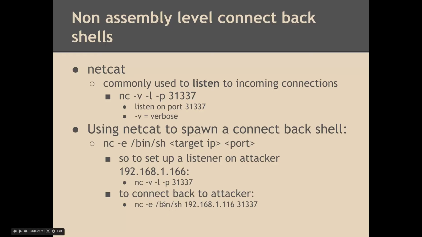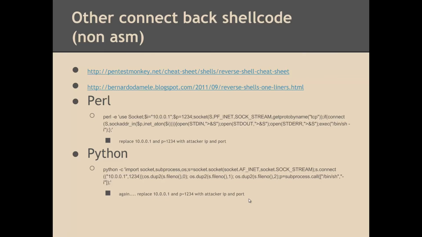So if you have the ability to inject system commands into a target web application, you can tell it to spawn /bin/sh and tie its input and output back to the attacker.